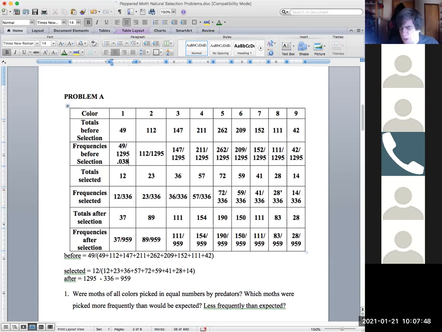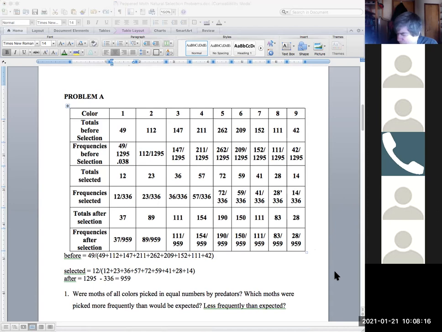And I'm going to round this off to the third decimal place. The reason we want to round off to 3 decimal places, you could do 4 if you wanted, but a lot of times with natural selection it can be important if one particular phenotype has a 1/100th advantage. So you don't want to round off too carelessly.